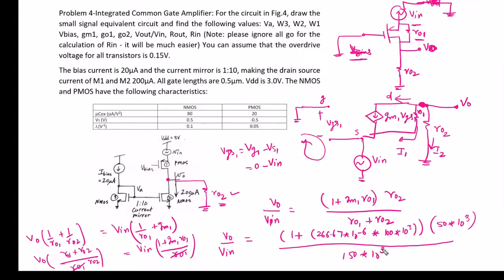So we can find Vout by Vin as 9.22 V by V. So this is the answer for the voltage gain of the given amplifier, which is VO by Vin.